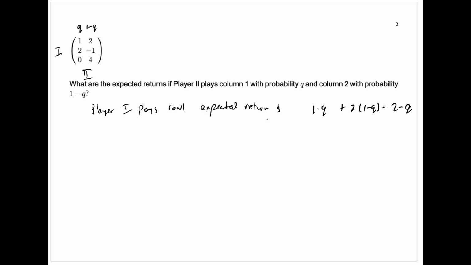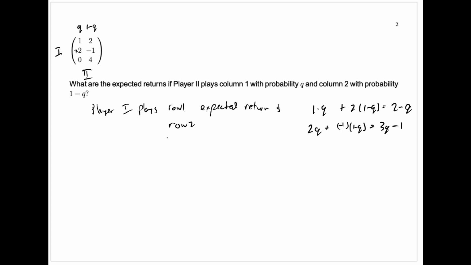What if player 1 plays, instead of row 1, row 2? What is the expected return now? Well, the expected return would be 2 times Q plus negative 1 times 1 minus Q. That's easy to see. It'll be 2Q plus another Q, so we have 3Q minus 1.